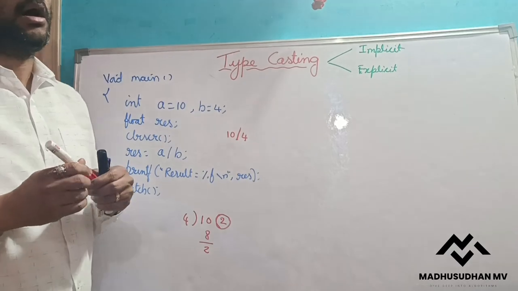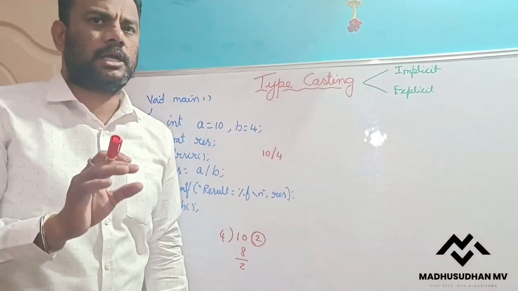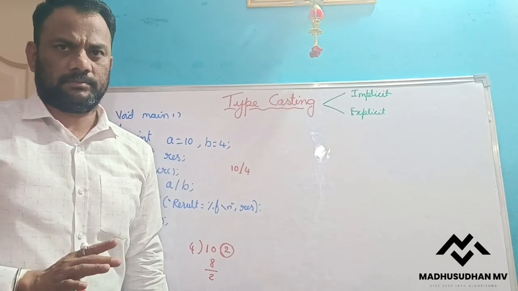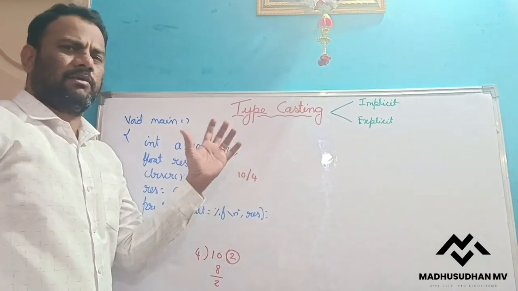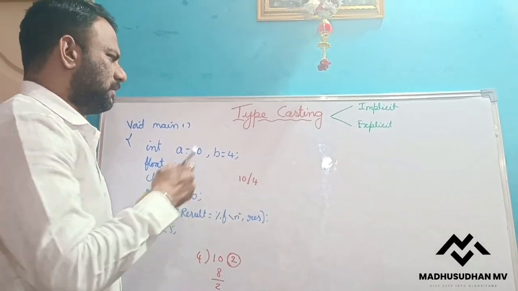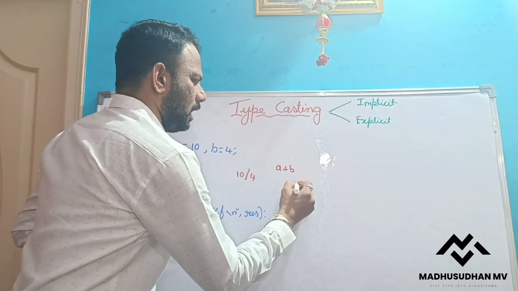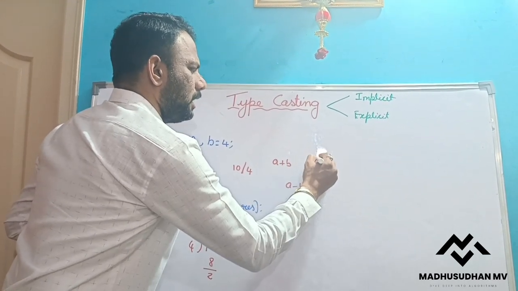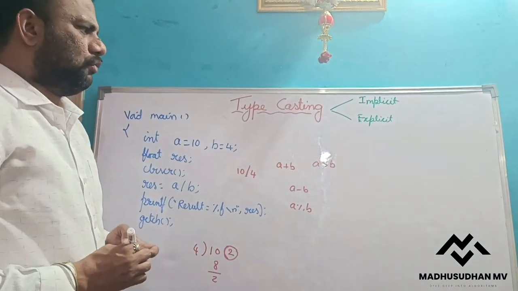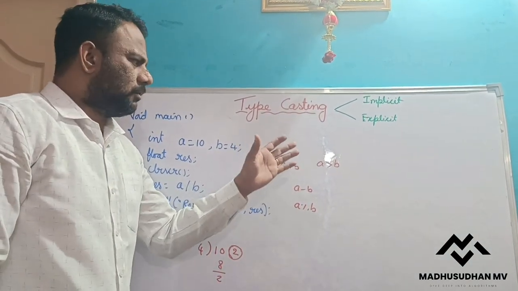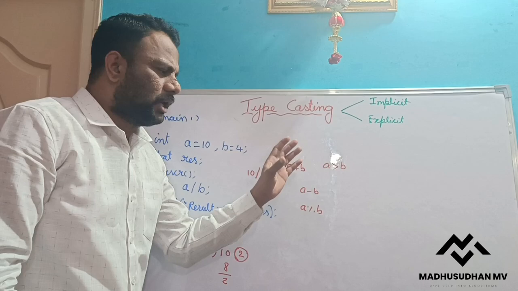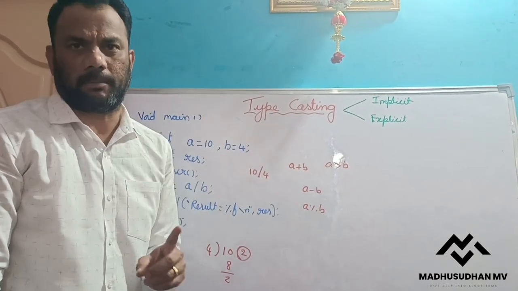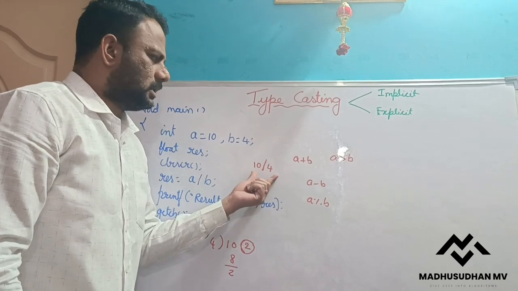Our compiler always does an operation only when both the operands are the same type. That means whatever the operation, not only division. Suppose a plus b, or a minus b, or a percentage b, or a greater than b, whichever the operation, whenever our compiler is doing any operation, both the operands should be of the same data type. Here both are the same data type.